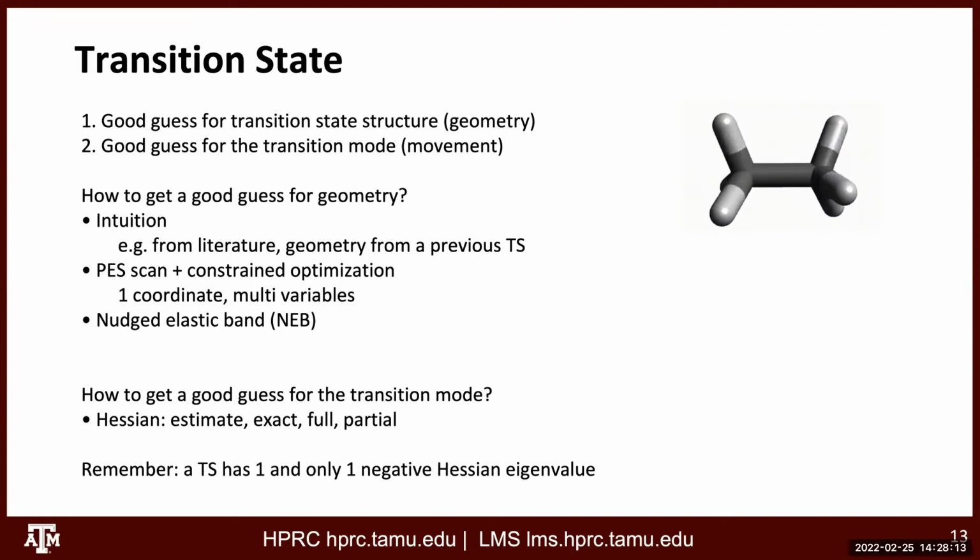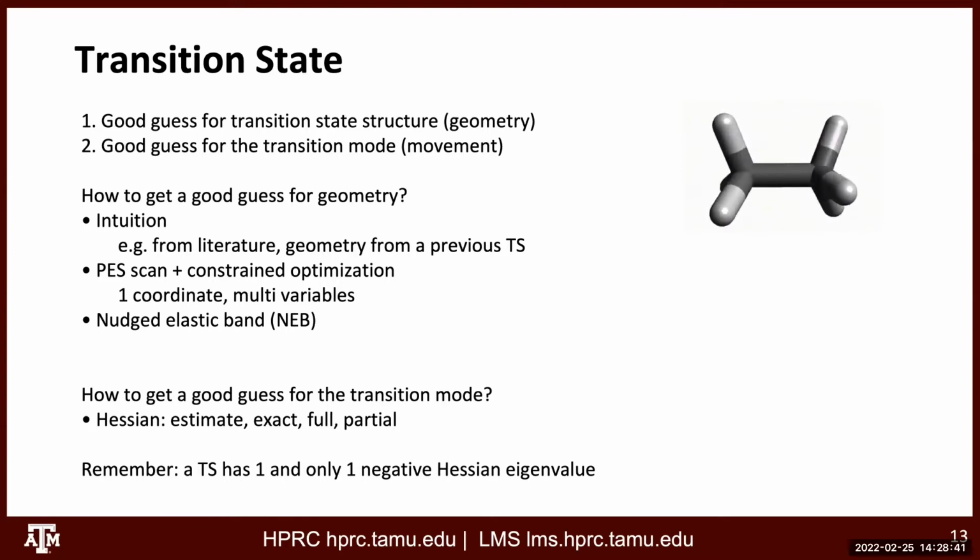If guessing a geometry out of nothing is too difficult, then the potential energy surface scan plus constraint minimization may help you find a better guess of the geometry in a more systematic way.